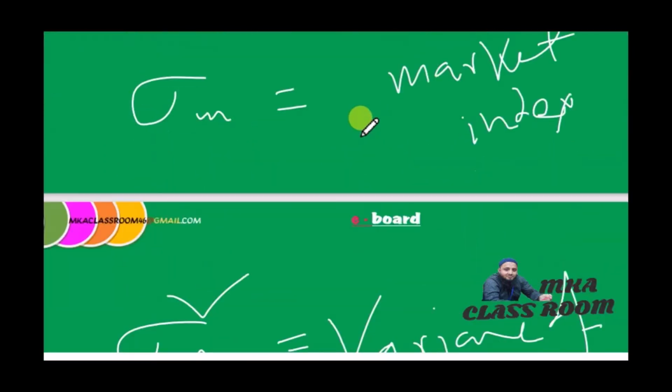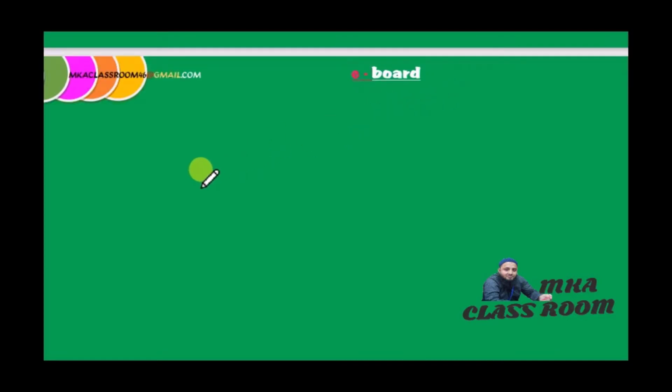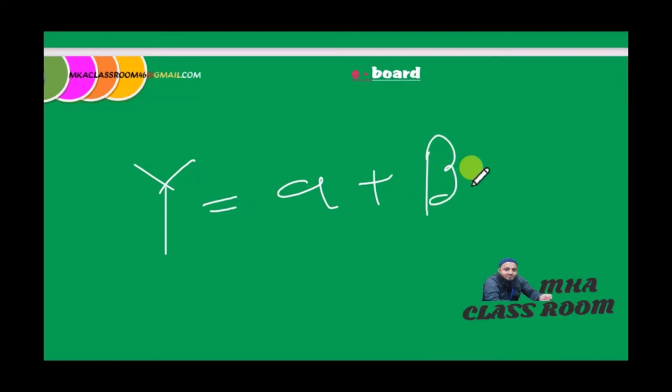And we will see the formula for the regression method. So we know that the regression equation is y equal to alpha plus beta into x.